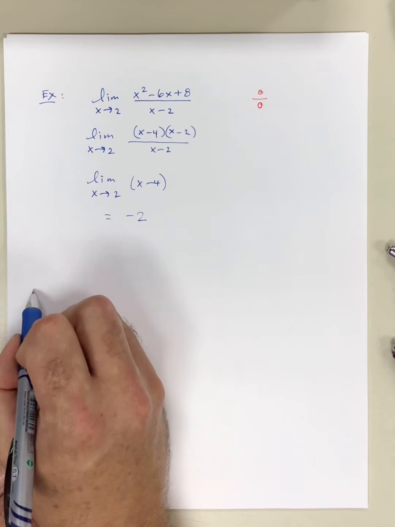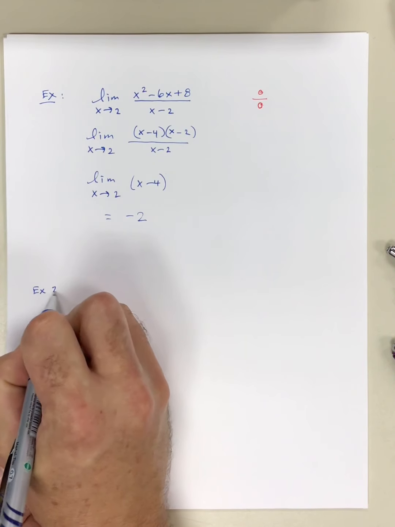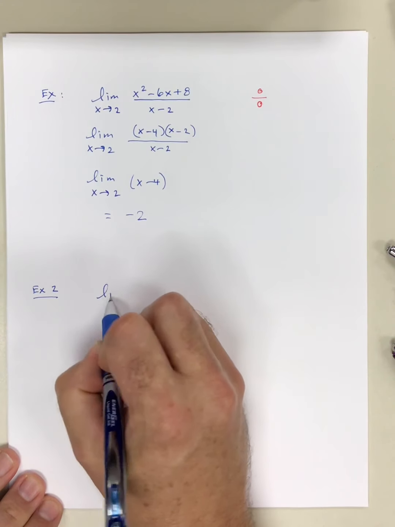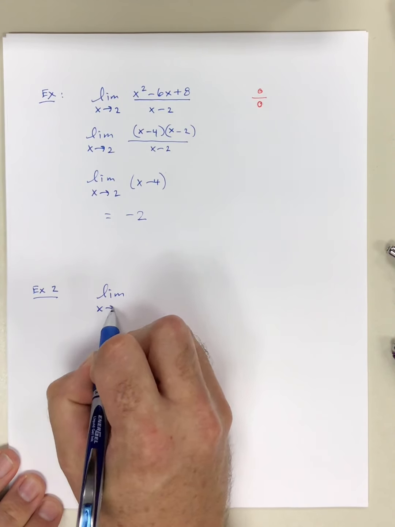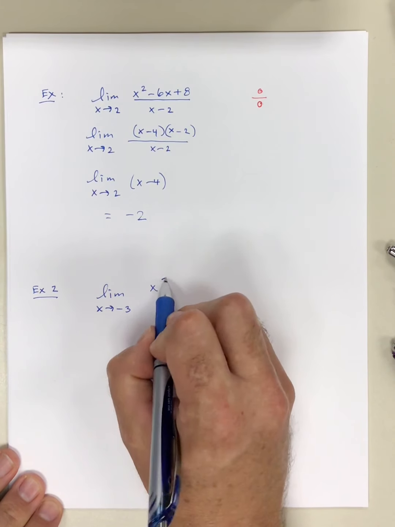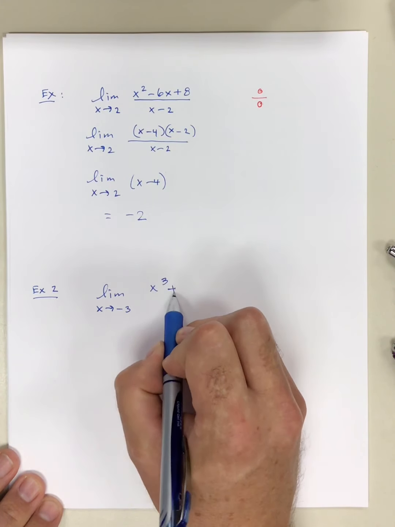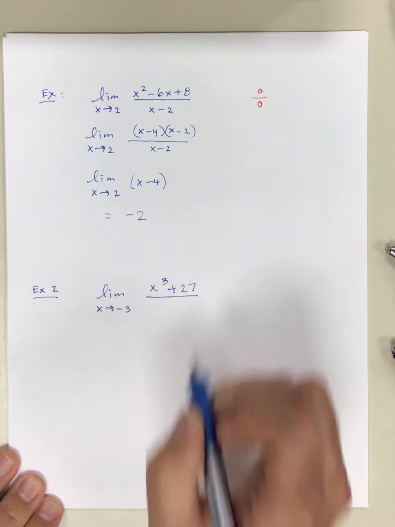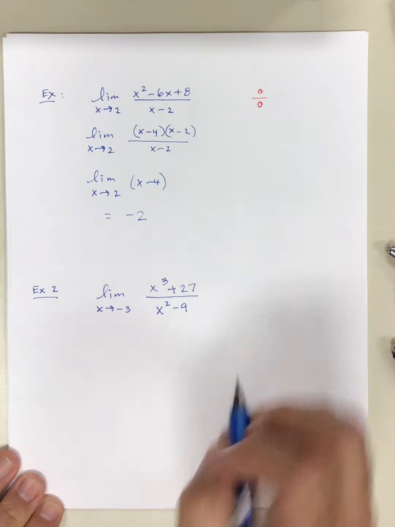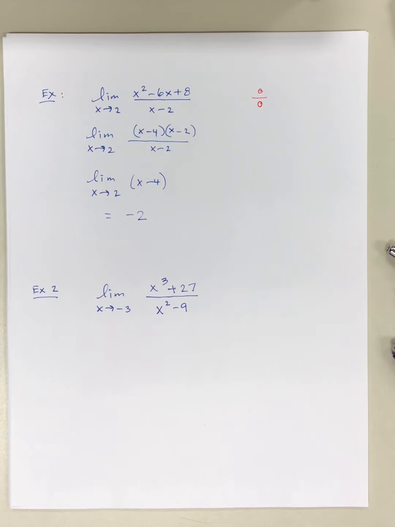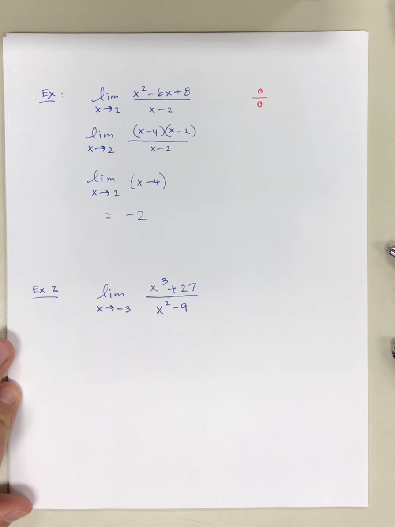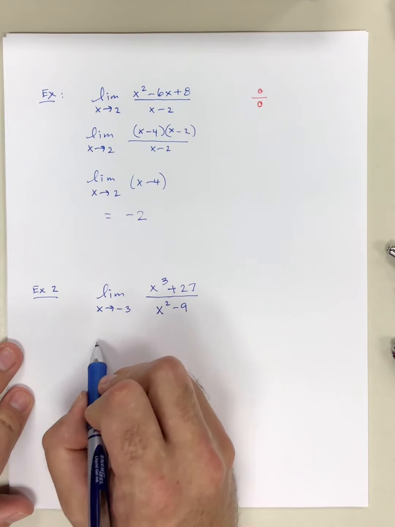Let's look at another example. In example 2, we're going to have the limit as x approaches negative 3. Let's use the cubic expression, x cubed plus 27, all over x squared minus 9. So it turns out that both the numerator and the denominator are factorable.